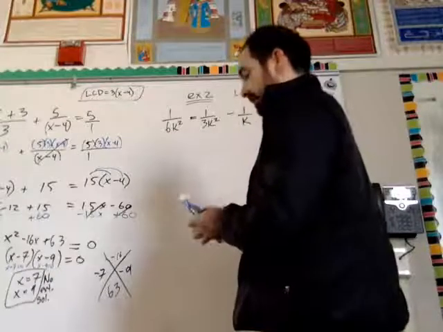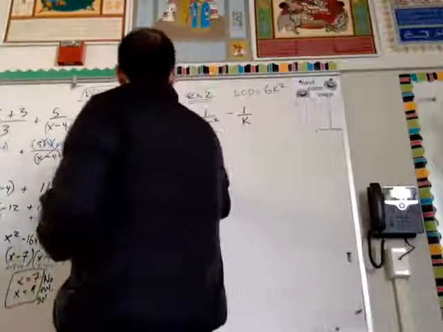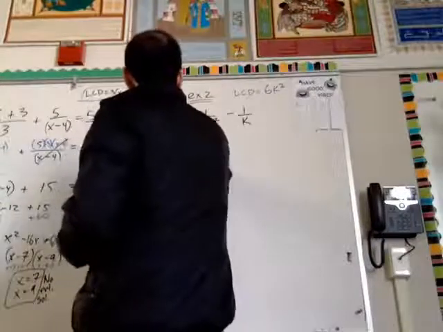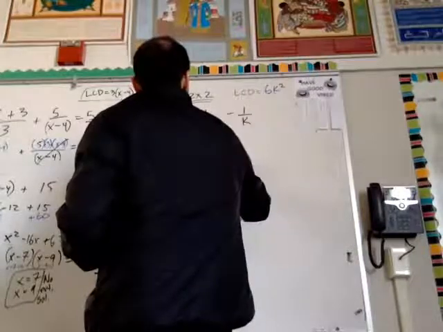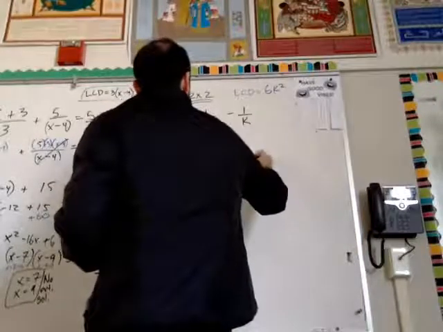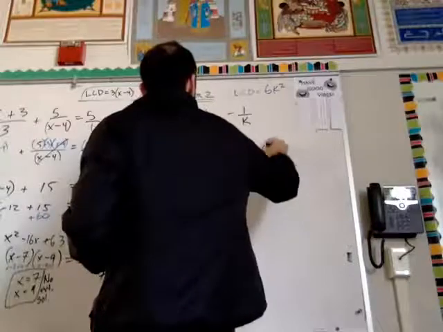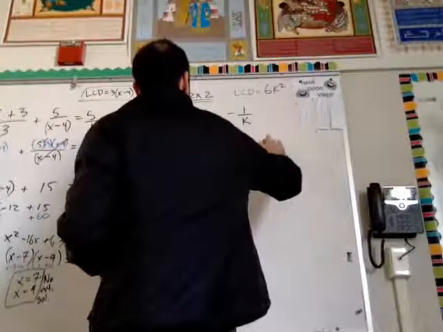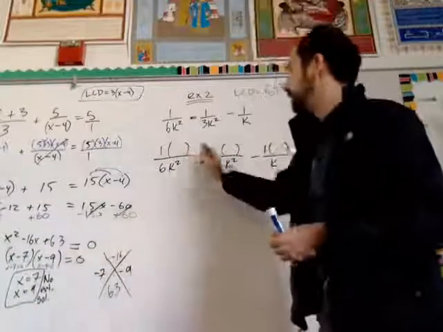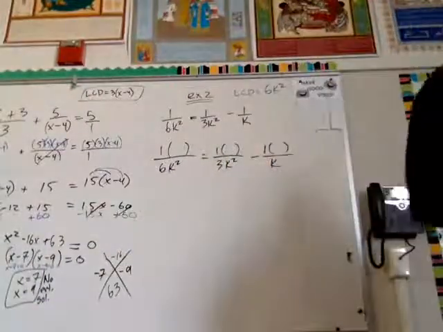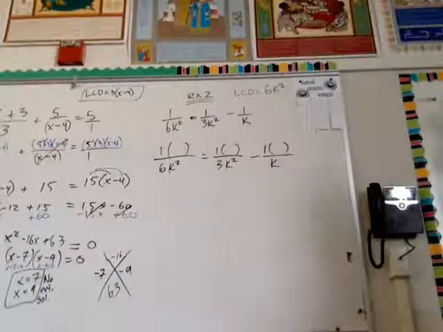So all I need to do is rewrite these fractions. 6k squared, 1, 3k squared minus k. And then what I'm putting in here, go ahead and put that in there. I think you know now. What am I going to put in those parentheses?